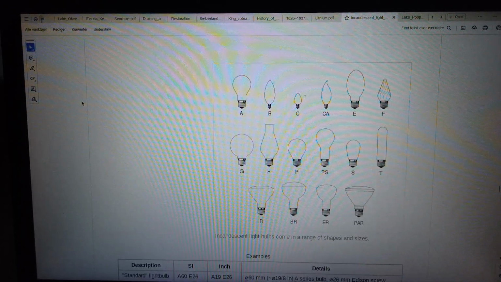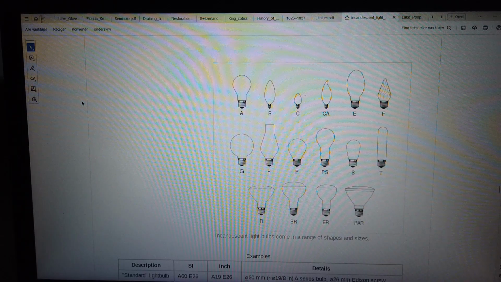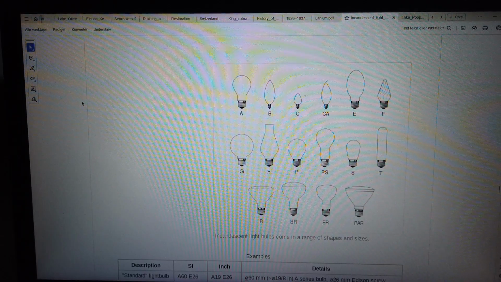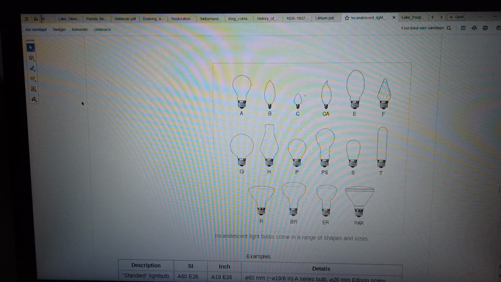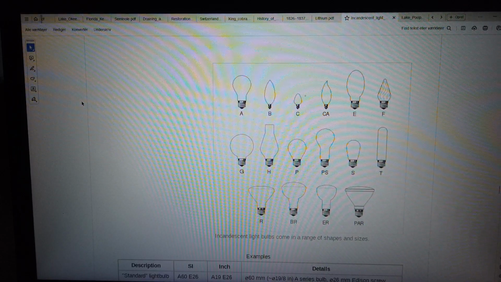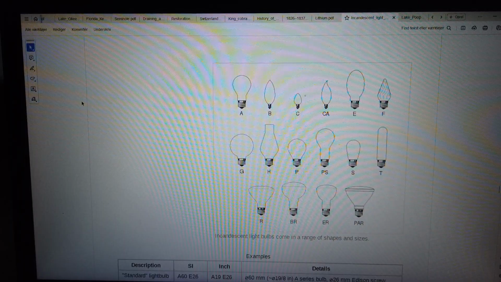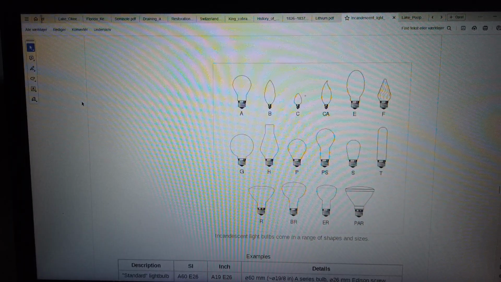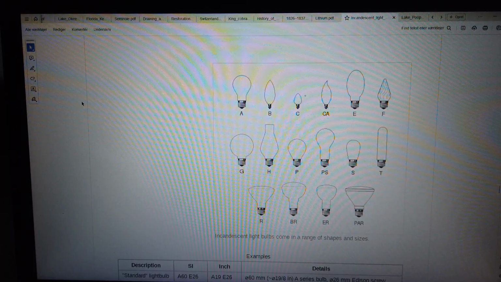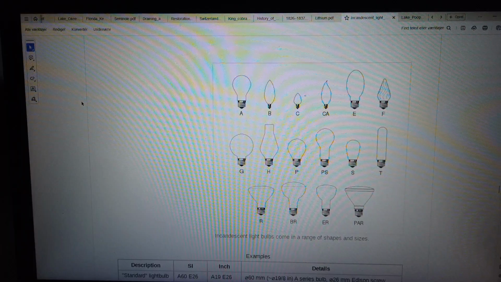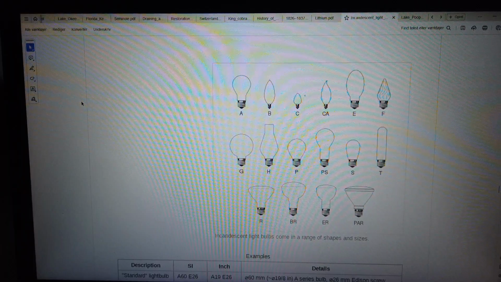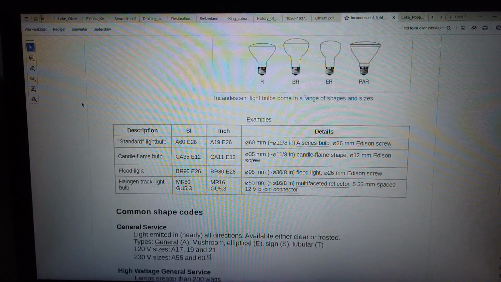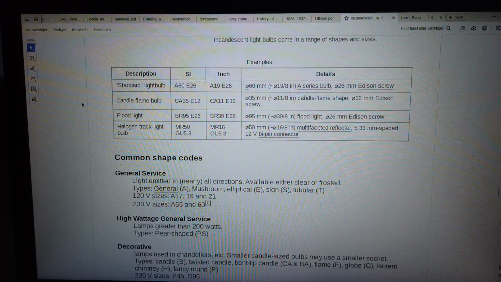Incandescent light bulbs come in a range of shapes and sizes. Examples: standard light bulb, A60 E26, 60 mm, 19/8 in, A series bulb, 26 mm Edison screw. Candle flame bulb, CA35 E12, 35 mm, 11/8 in, candle flame shape, 12 mm Edison screw.